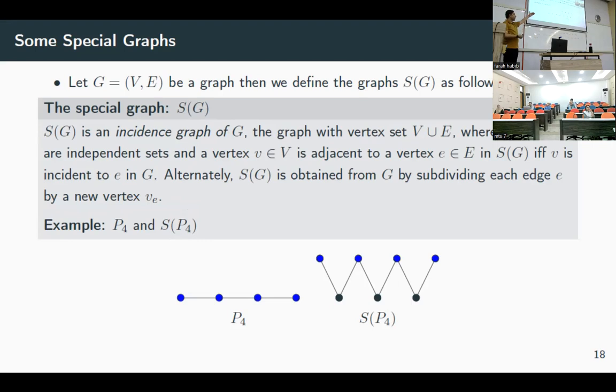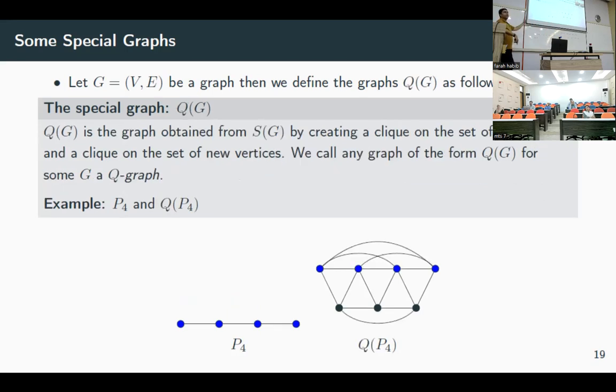So if I say that V is the original set of vertices, and E is the new set of vertices, which I created from the edges, then these two sets are basically the independent sets. Okay, and once we have these independent sets, I can create an S graph of a graph G. Then from that S graph, I can construct a Q graph, and Q graph is just creating the clique or the complete graph of those independent sets.